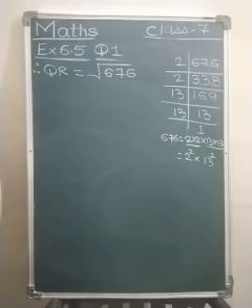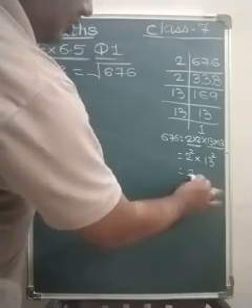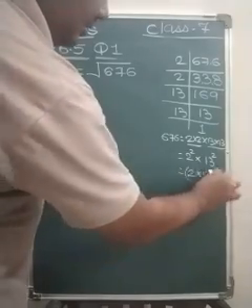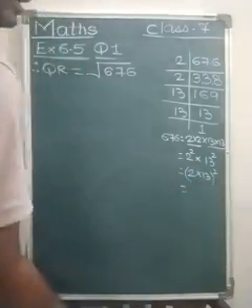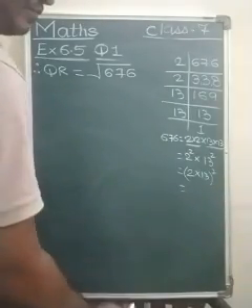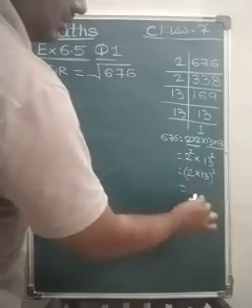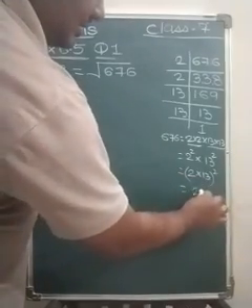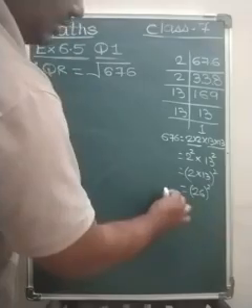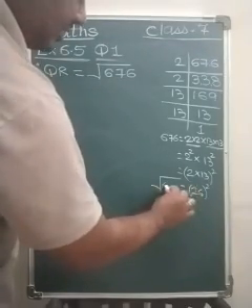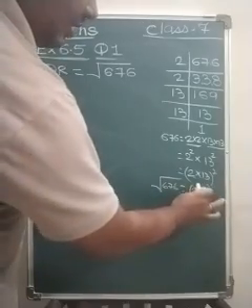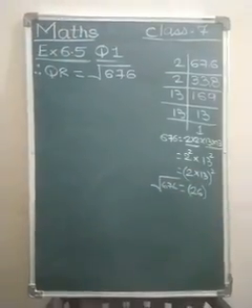So this can be written as 2 multiplied by 13 square, so this is 2 into 13, that is 26 square. So root of 676 equals 26.